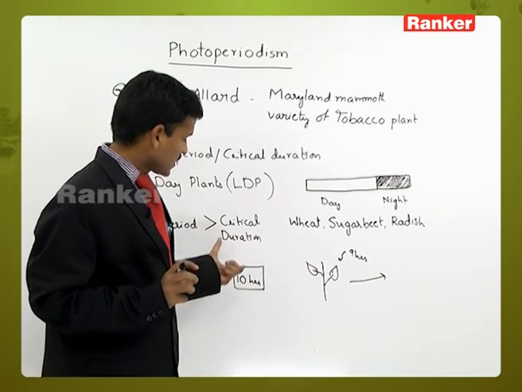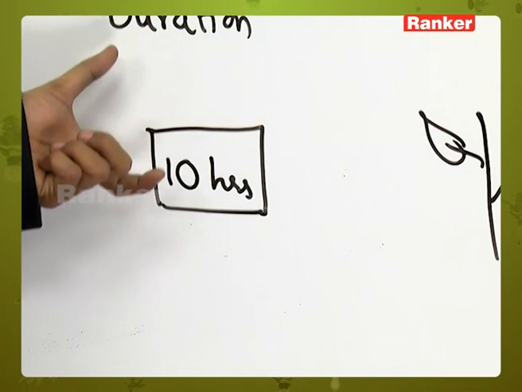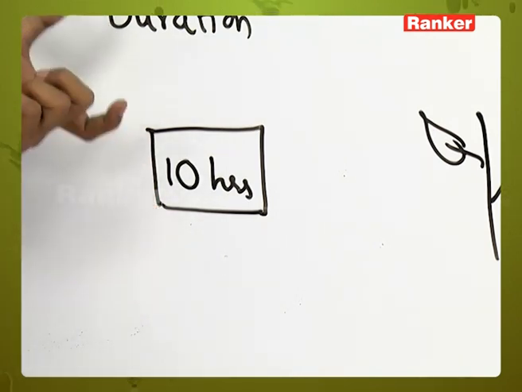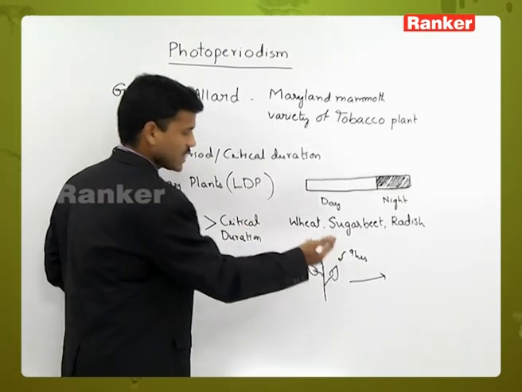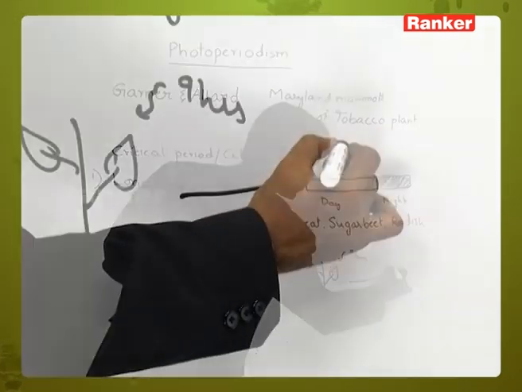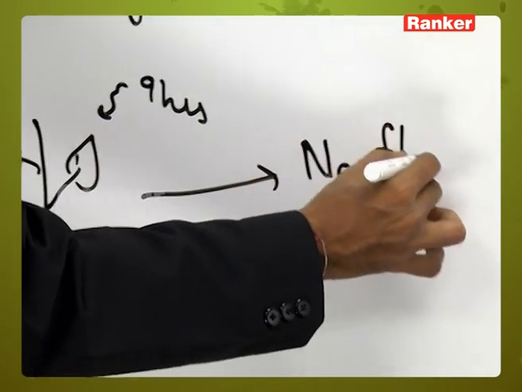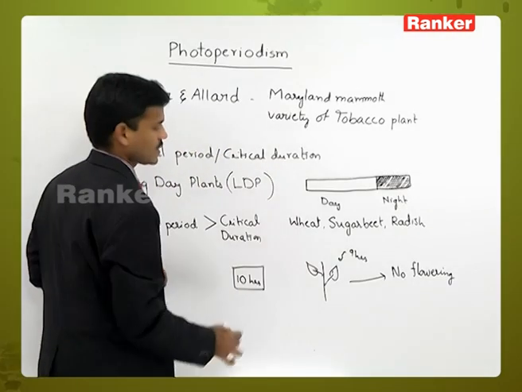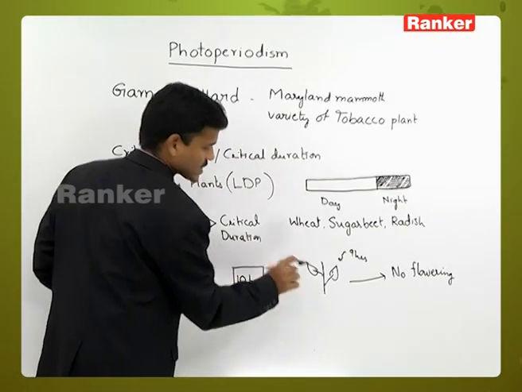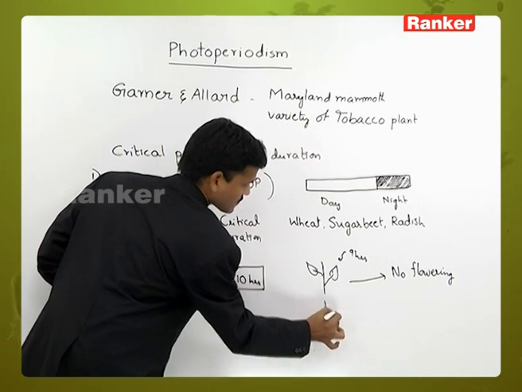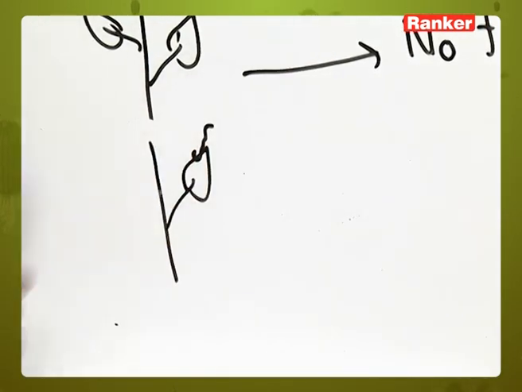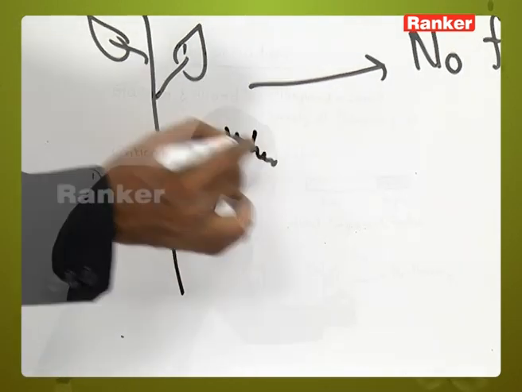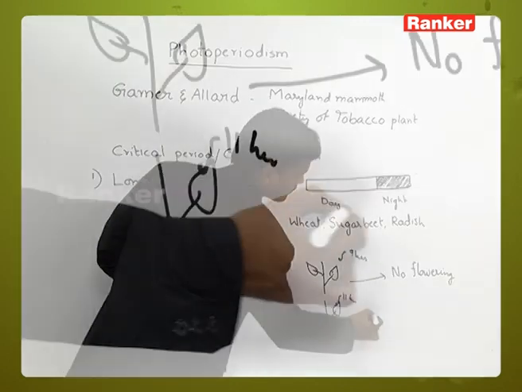If it is less than the critical duration, no flowering occurs. But another plant of the same species exposed to 11 hours of light for a month or for some time, flowering occurs.